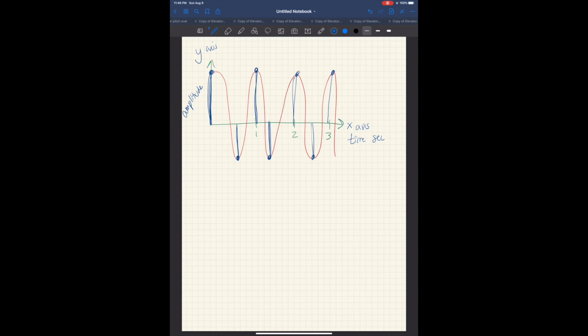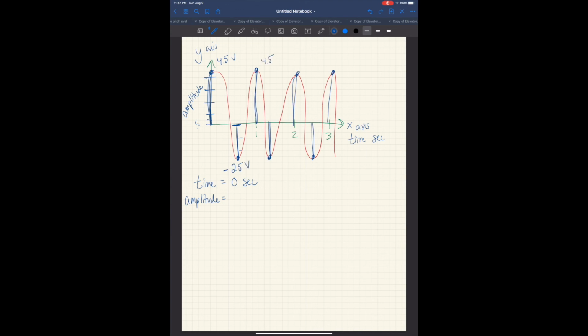So when I take a measurement, it will record two things: the time from the x-axis, so we'll say 0 seconds, and it will also measure the amplitude. In this case, so we have 1, 2, 3, 4.5. So this would be 4.5 volts. Here we have 1, 2.5, negative 2.5 volts.